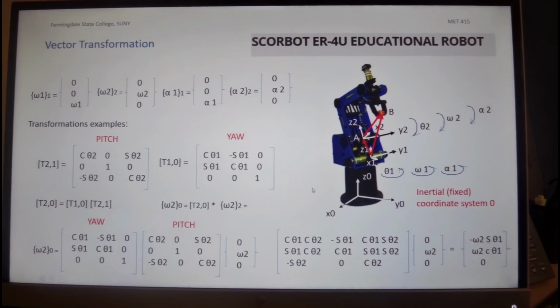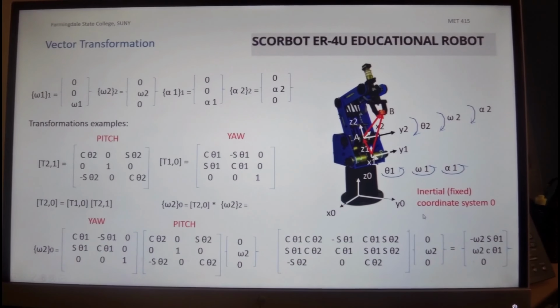Now, in many cases, we may have to resolve various vectors which are represented in various coordinate systems, either 1, 2, or 0, and we have to resolve them in different coordinate systems. So this shows us just an example of how we may resolve omega 2.